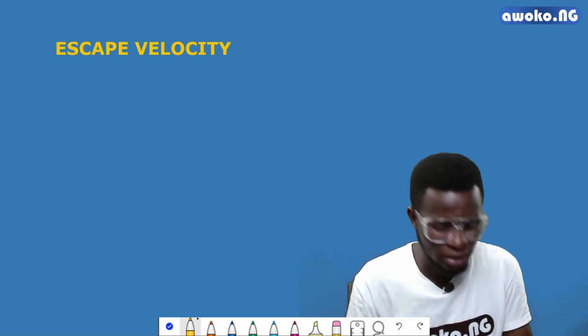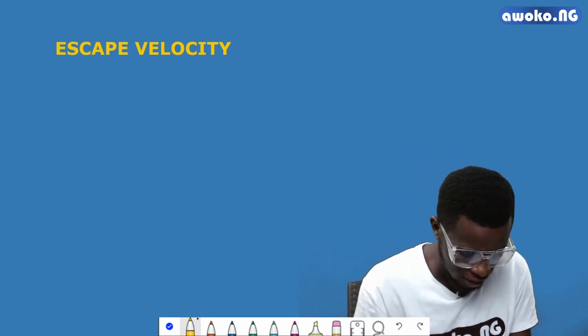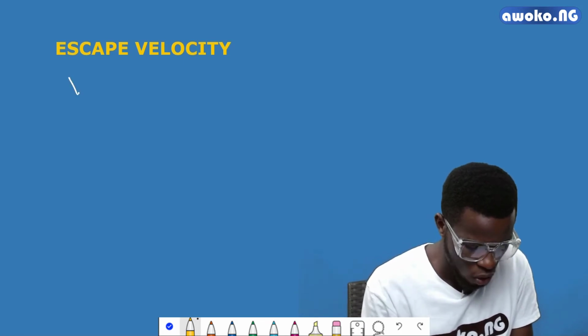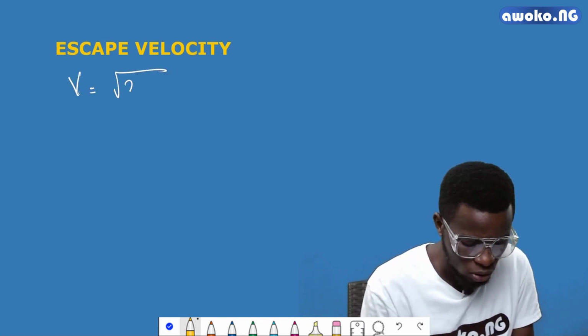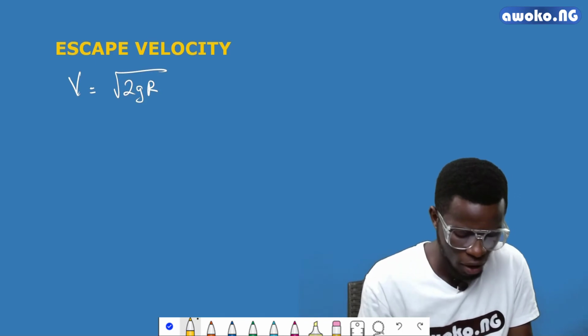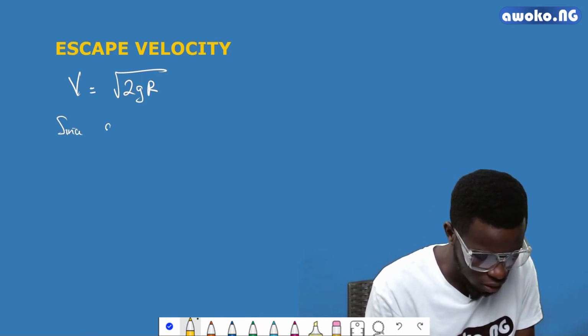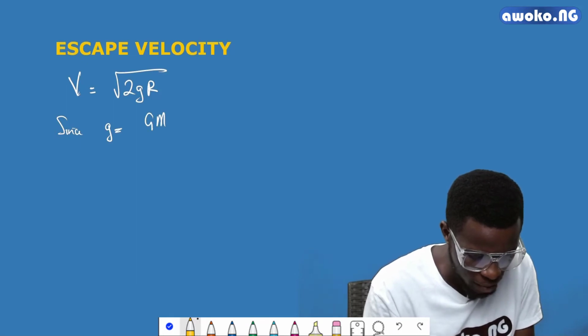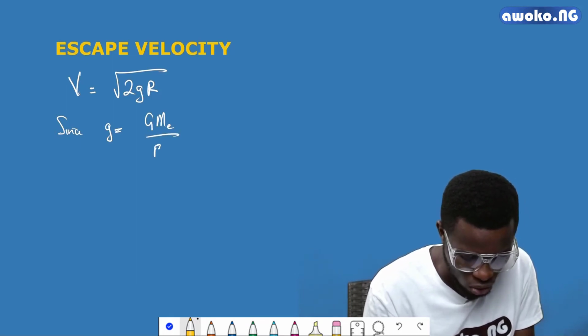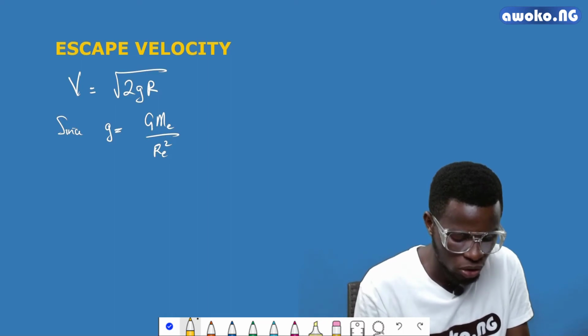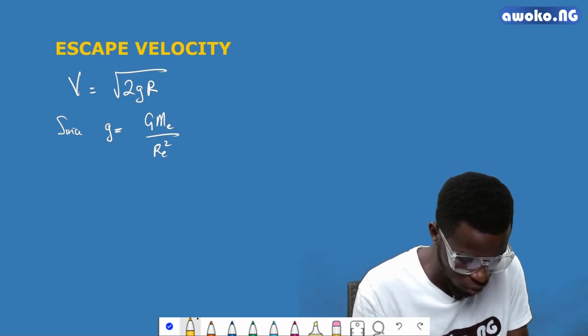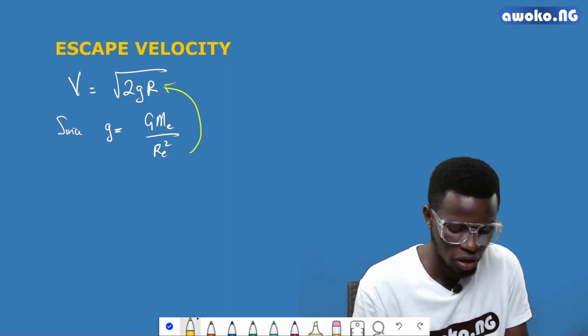And we can represent this mathematically as V is equal to the square root of 2gr. But we will recall that since g is equal to GMe over r squared, we can substitute these values into our relation here.